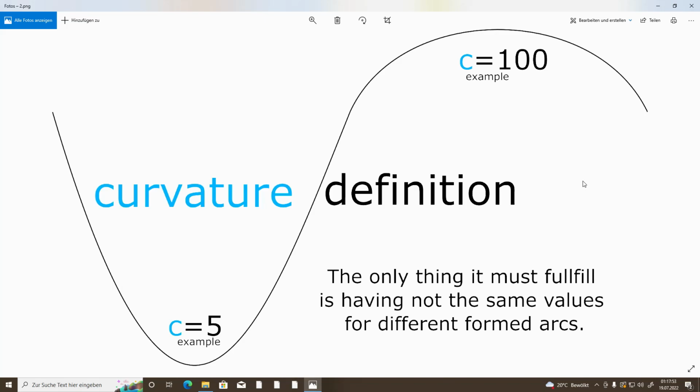Otherwise, your curvature value will be useless, kind of. It depends on what you need it for, but usually you want to have different values for different arcs. That's, I think, the most important thing. Of course, there can be thousands of important things, but that's not really the topic today. So let's go on.